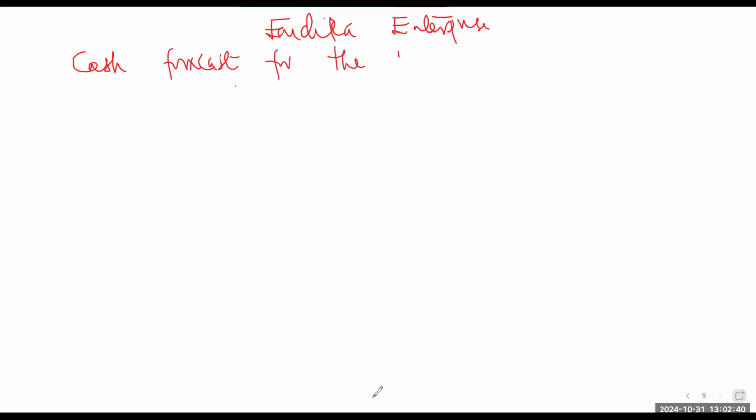Okay. So Paitika Enterprises. Cash forecast. Cash forecast for the months of September to what?